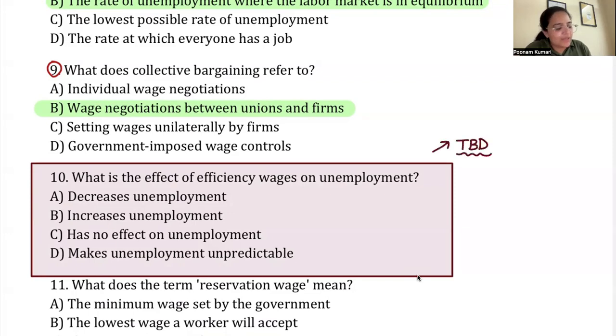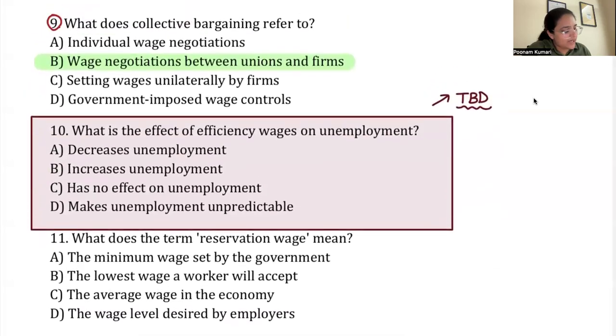But according to me, this is something which should not have an impact on unemployment. Its purpose is entirely different. According to me, for now, it's part C. Yes, ma'am. But we can definitely discuss it once you start doing other problems as well. ठीक है? अच्छा, what is question number 11?